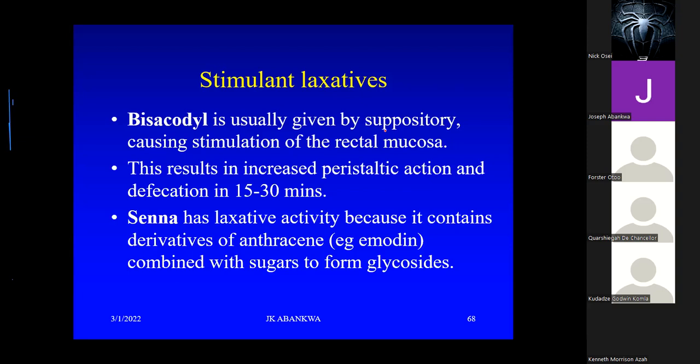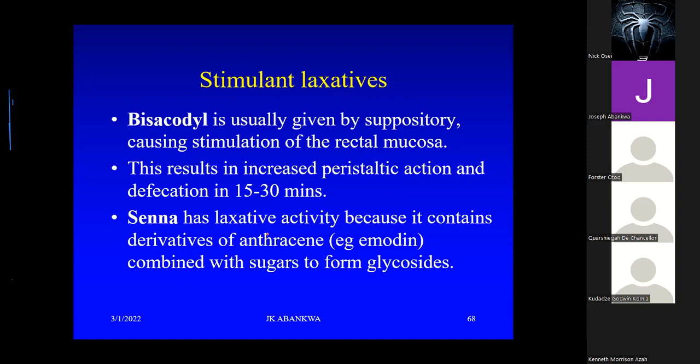Bioavailability, by the way, is the fraction of drug that enters systemic circulation in its unchanged form. So bisacodyl is given via the rectal route by suppository, and this results in increased peristaltic action and defecation in 15 to 30 minutes.